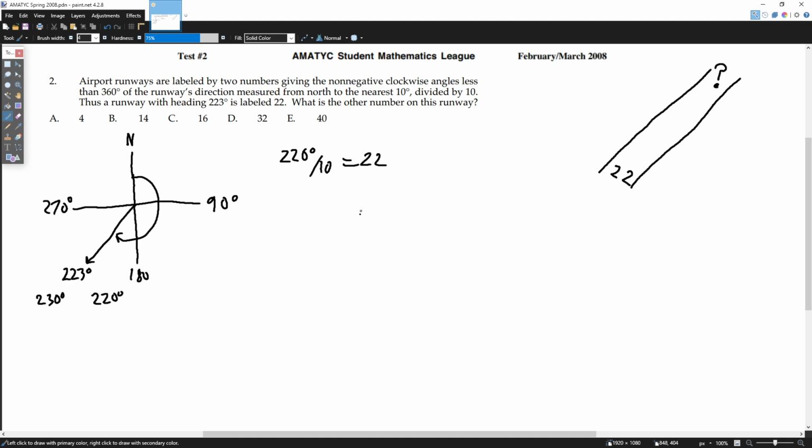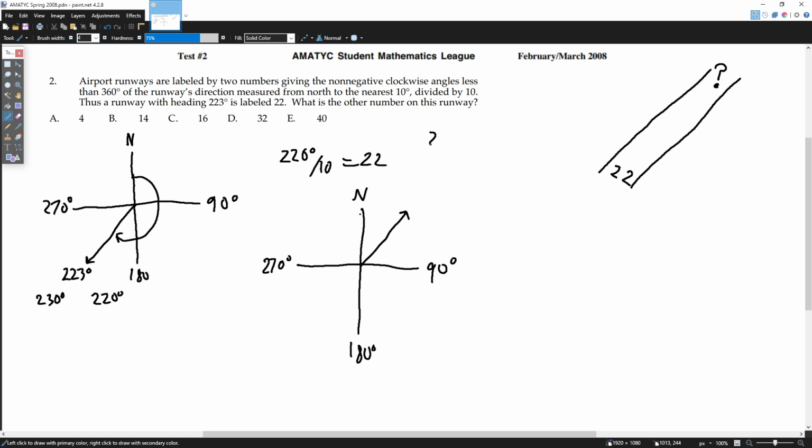So let's draw that. So that's going to look like this, and it's derived from this 223 degrees. So we're going to add or subtract 180 degrees to get the angle on the other side.